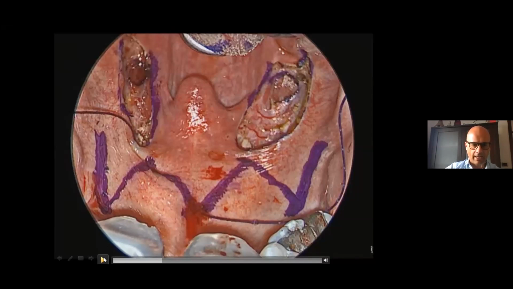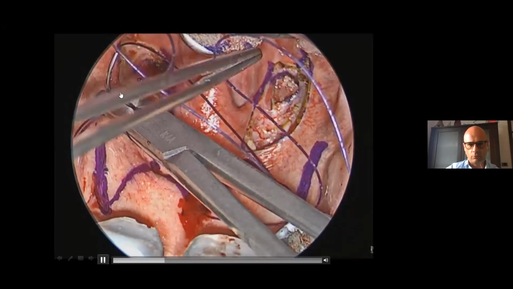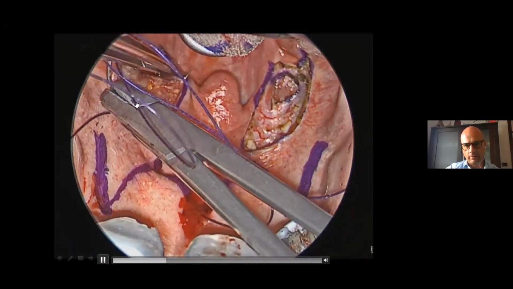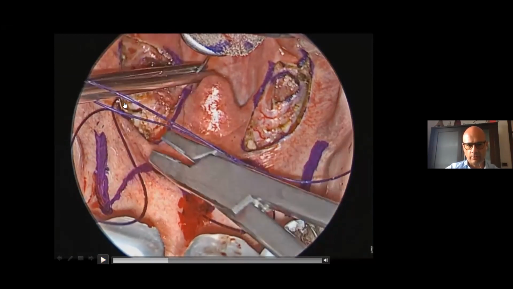So when you are inside the tonsil fossa, you have to create a loop around the palatopharyngeal muscle.